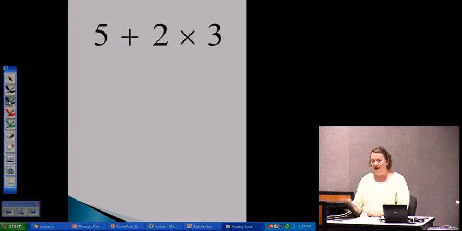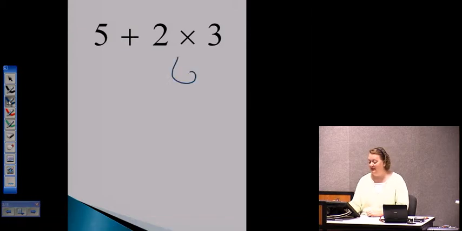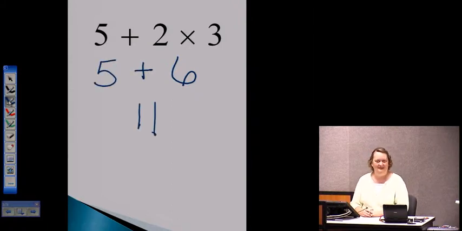So without any other clues, we should have done the 6 first and then the addition and got 5 plus 6 and then got 11. So that's the way to do it without any parentheses.